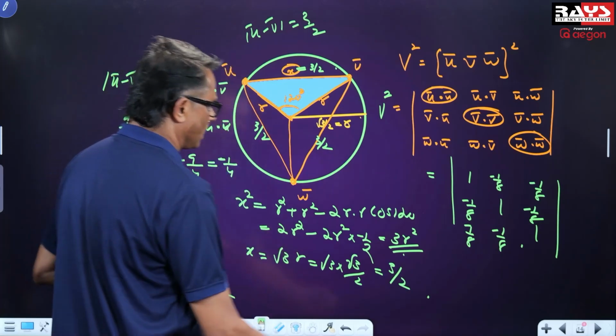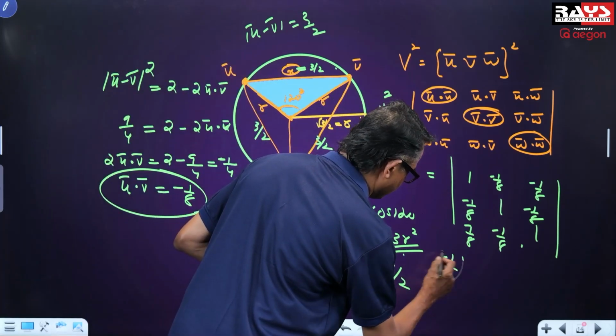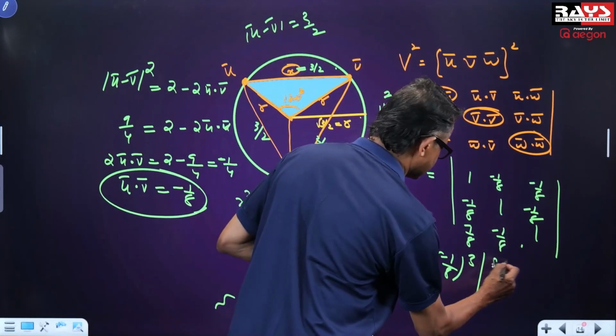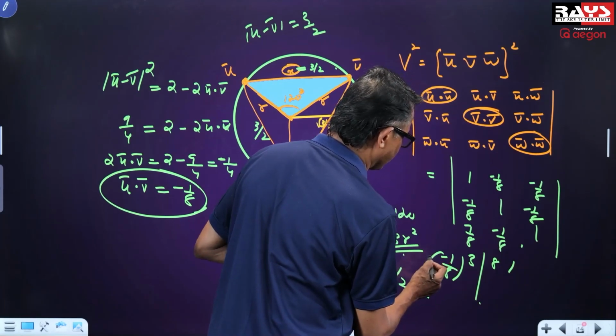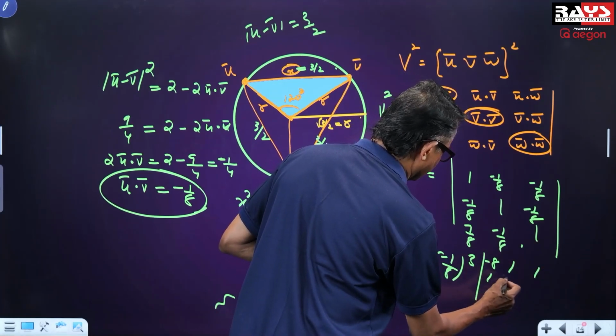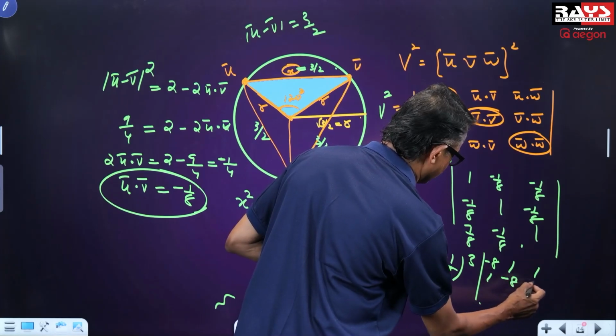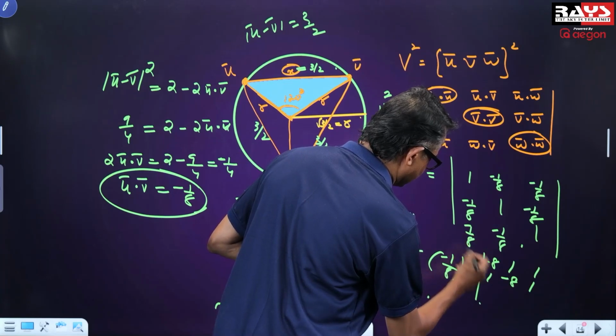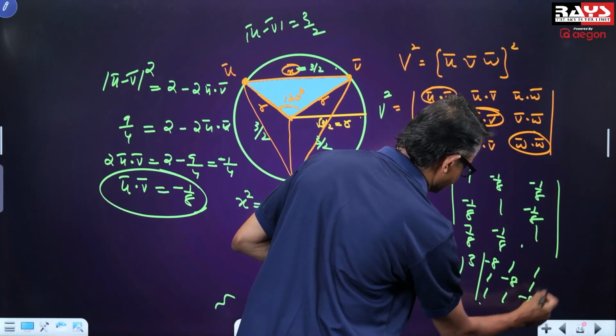You will get minus 1 by 8 cube into the determinant with minus 8 on the diagonal and 1 elsewhere.